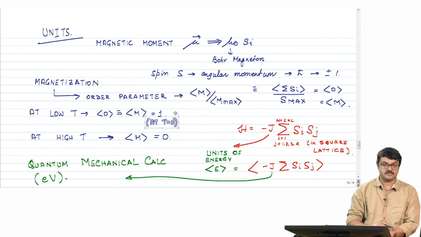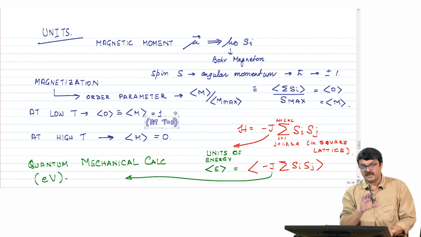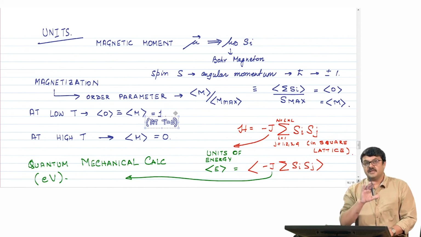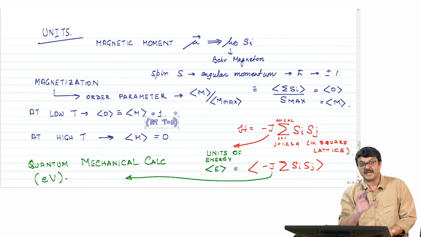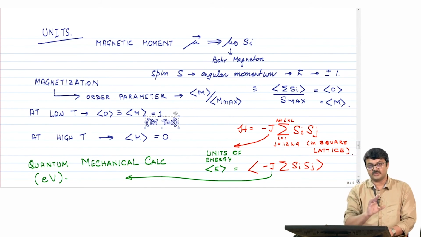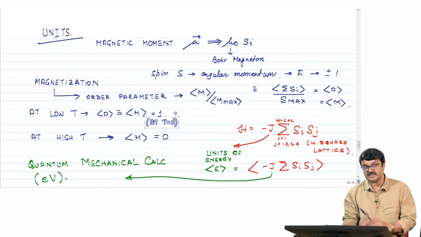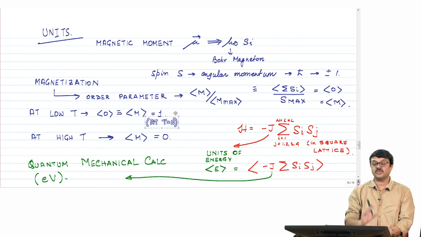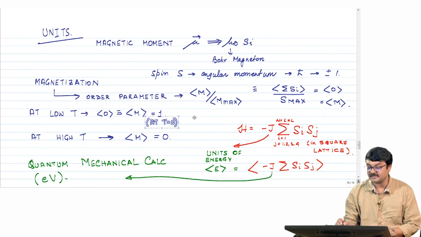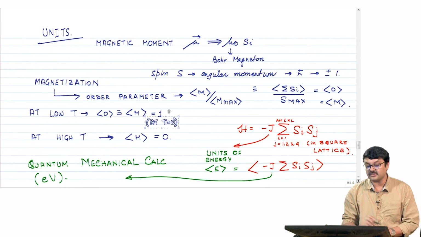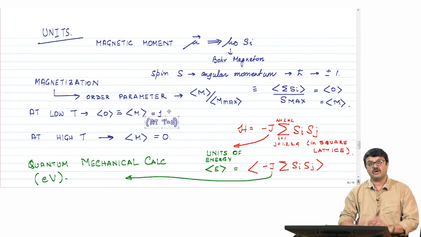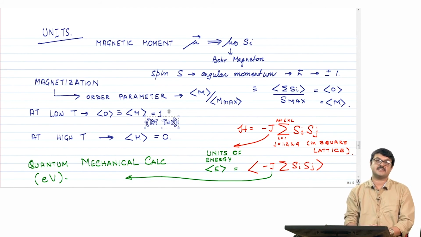Of course, there are quantum fluctuations, but we are at the moment treating the system classically, which means that h bar goes to 0. We are looking at only the thermal effects. So, for a classical spin system at t equal to 0, the order parameter magnetization will be equal to 1, which means it is perfectly ordered. All spins are pointing in the same direction, and that is minimizing energy.